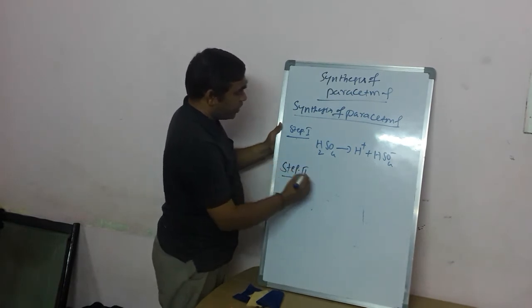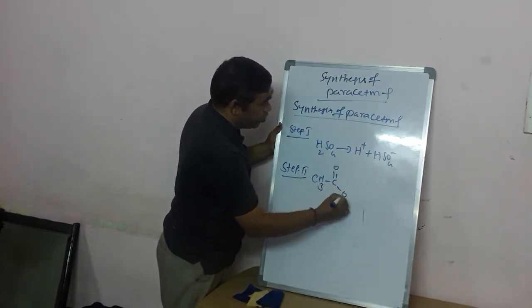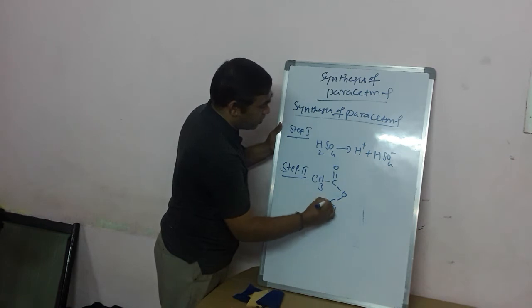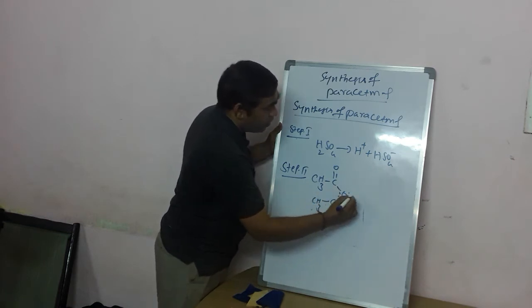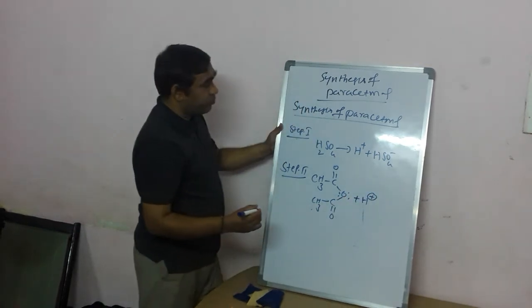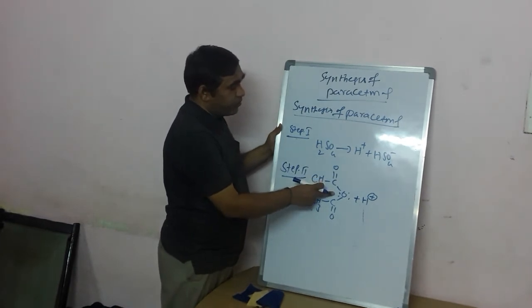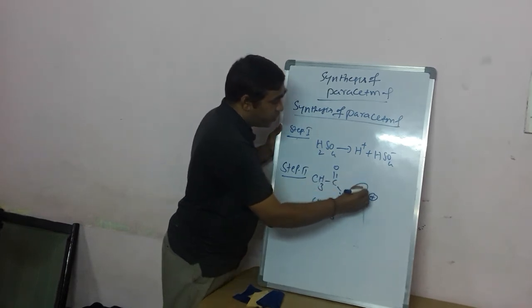Step 2: We take acetic anhydride, CH3-C=O-O-C=O-CH3. The oxygen meets H+, which is electron deficient, from H2SO4. The middle oxygen has lone pairs of electrons and donates a lone pair to H+ for bond formation.